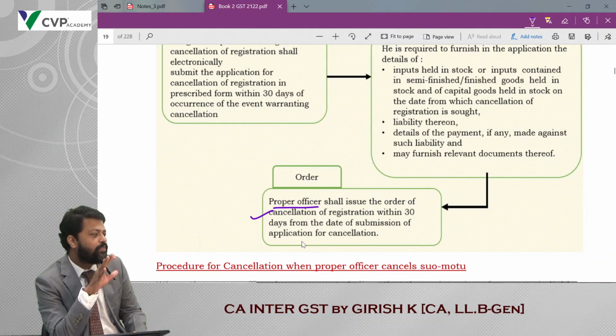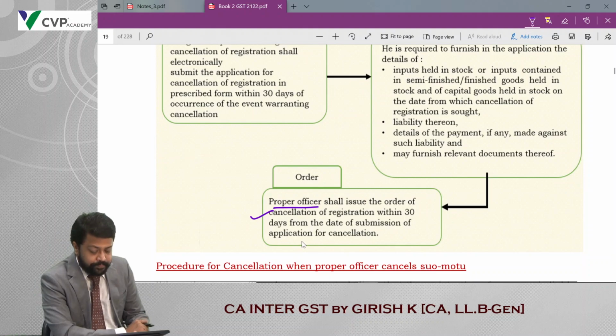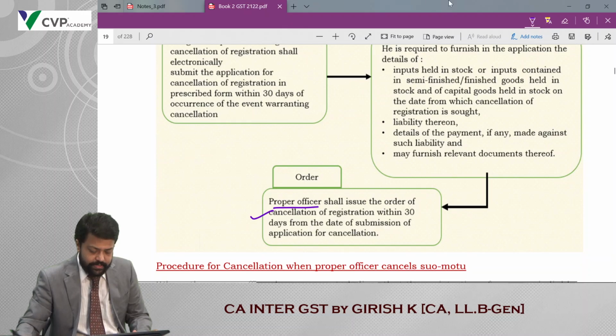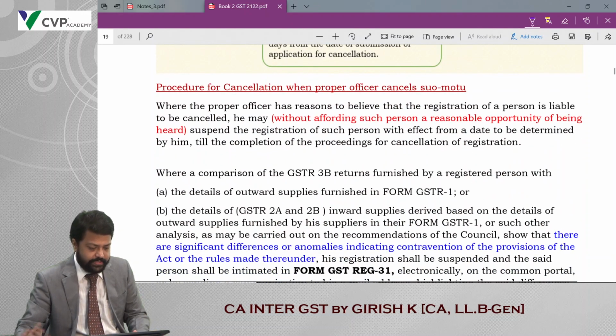Now they have become a little bit proactive. They see that the application is made, documents are submitted, and they will pass the cancellation order. But after the order is passed, within a certain period of time you have to furnish GST 10, which is the final return, the last return that you need to file. The order is passed within 30 days from the submission of the application.